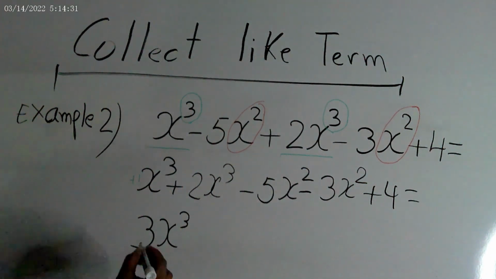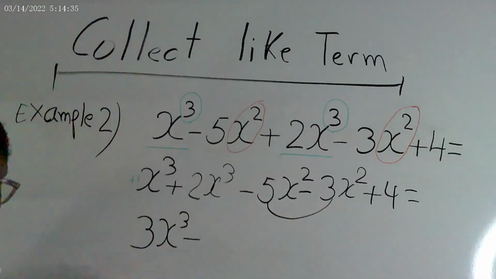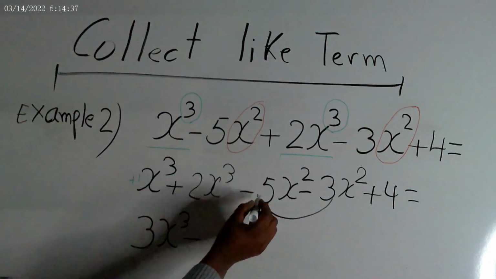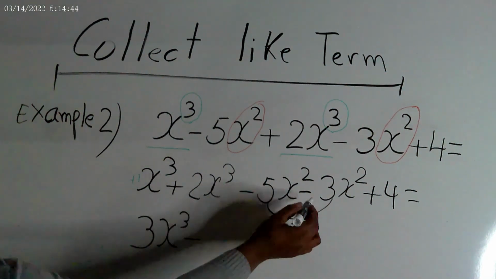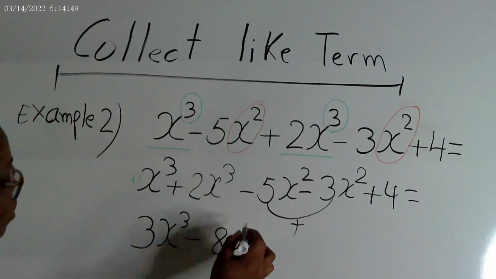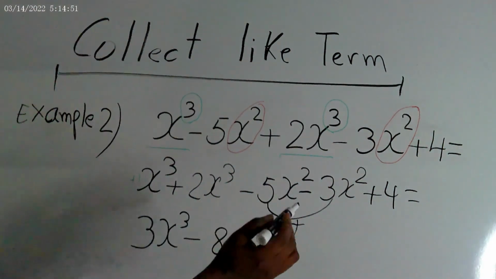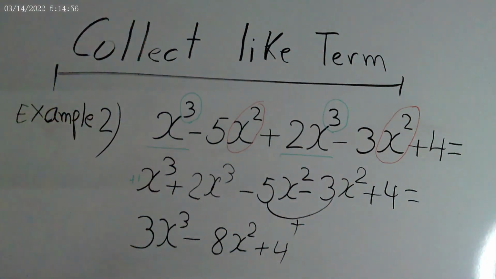When they are the same sign, you add them and you keep the sign. You understand? It's easy. 5 plus 3 gives you 8. And then you keep the variable, plus 4. That's it. That's the correct answer: 3x to the 3 minus 8x to the 2 plus 4.